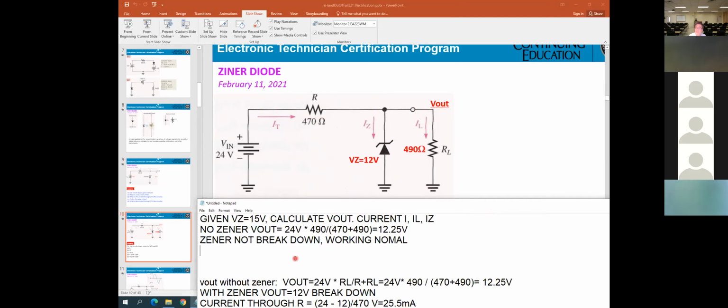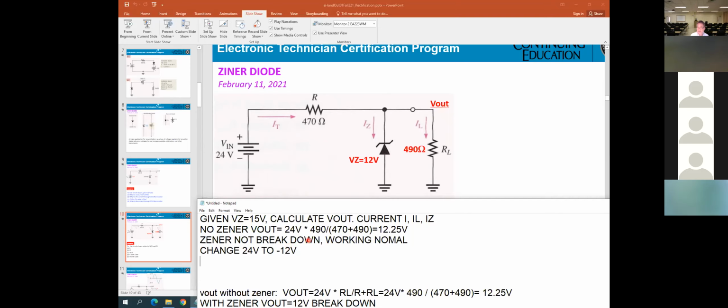Okay, now I change the 24 volt. I try to bring it up, okay, you guys will see it. Then 24 volt to minus 12 volt, so that will be a negative 12 volt.